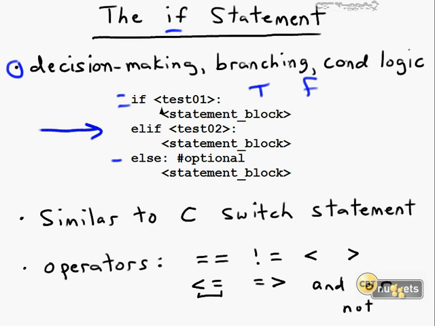Underneath that if statement, you're going to have what happens if that test evaluates to true. Alternatively, if you don't just want to go to the else case, which of course in this case would be anything else, you can be more granular. For instance, you might have an if statement that asks the user to choose one of, say, 3 different paths. So your first test might test for the one case.